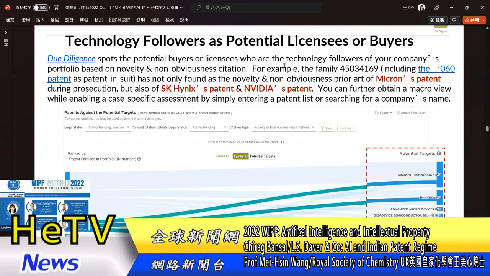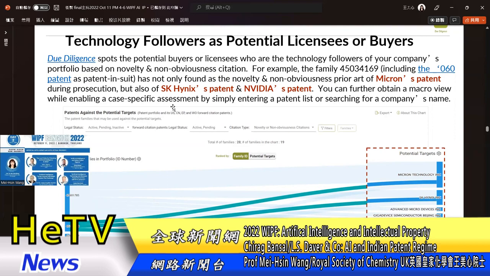For example, the family 450346169, which includes this litigated patent, has not only found the novelty and non-obvious prior art of Micron during the prosecution, but also SK Hynix patents and NVIDIA patents. So you can further obtain a macro view while enabling a case-specific assessment by entering just the patent list or searching a company name.